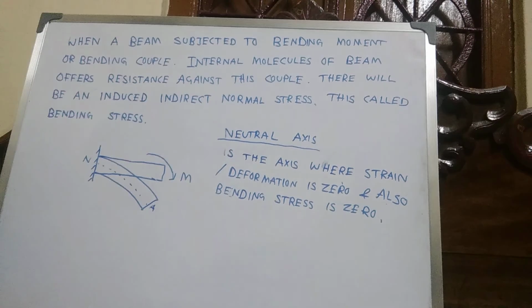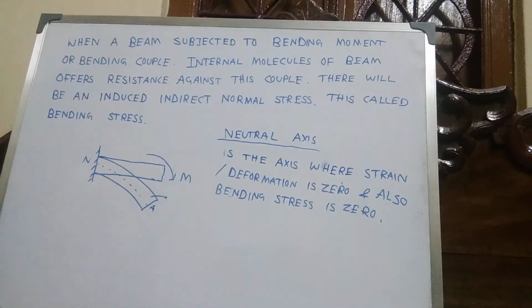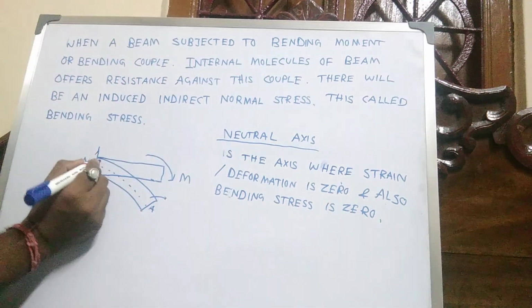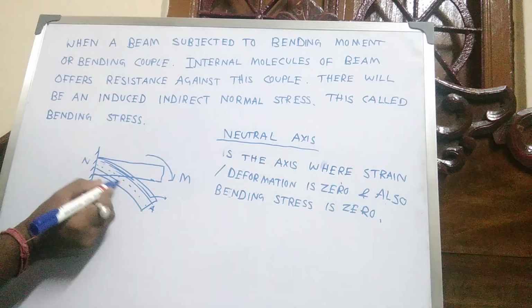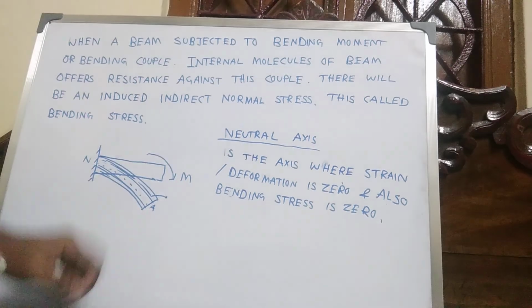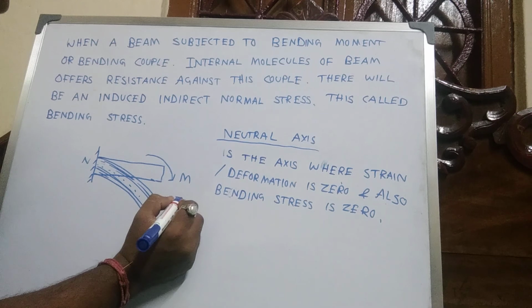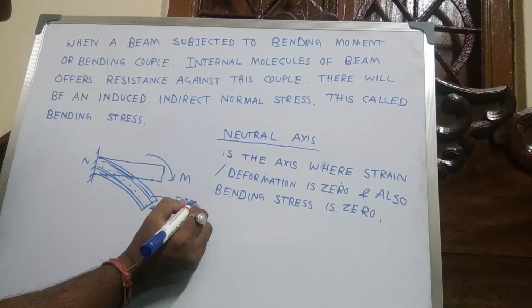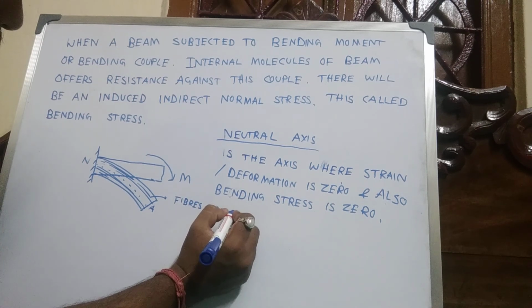This is the neutral axis, and above and below it there are an infinite number of fibers. The fibers above the neutral axis are in tension.